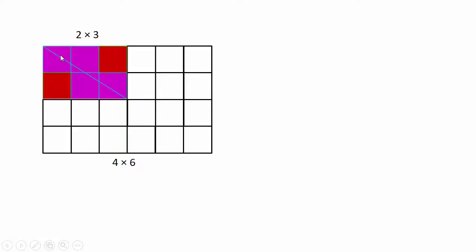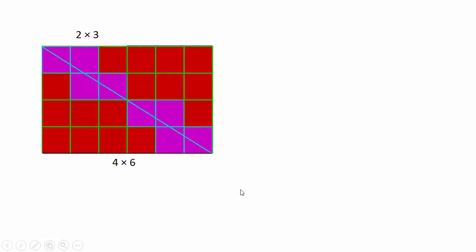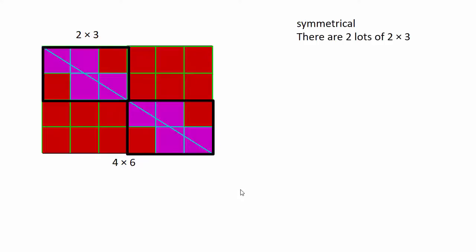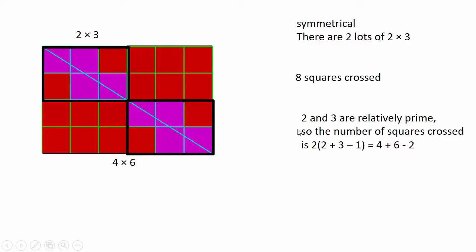What do you think will happen now with the number of squares crossed? This is the situation. Let's write down some of the things we notice. We have symmetry. We started with a 2 by 3, and here's another 2 by 3, exactly the same. So we have two lots of 2 by 3. Altogether, there are 8 squares crossed, 4 from each 2 by 3.